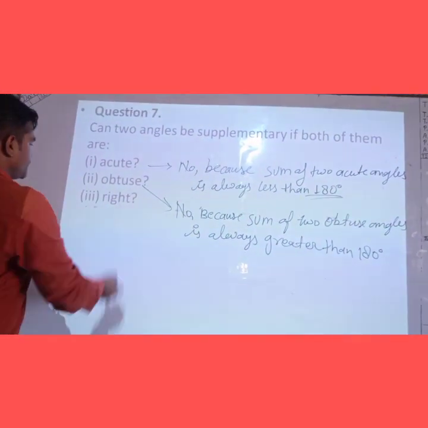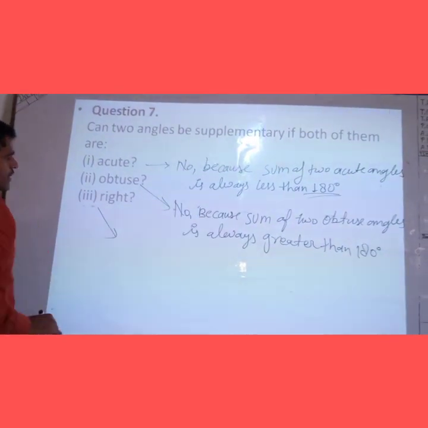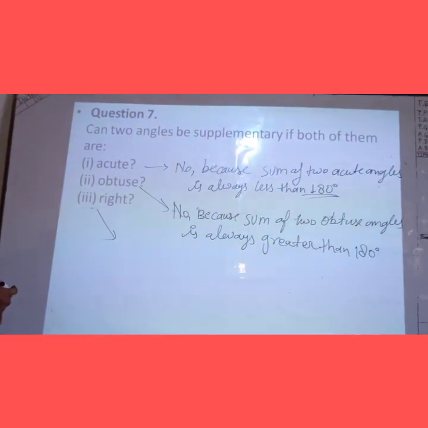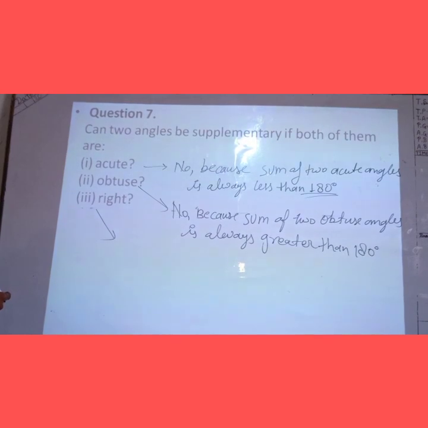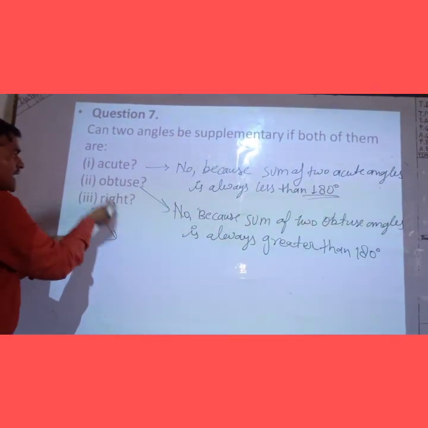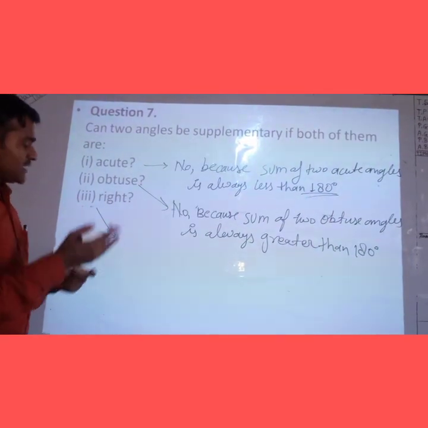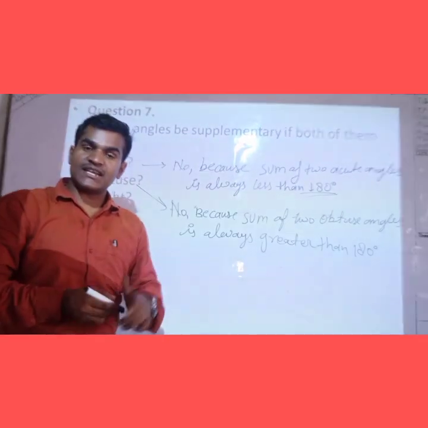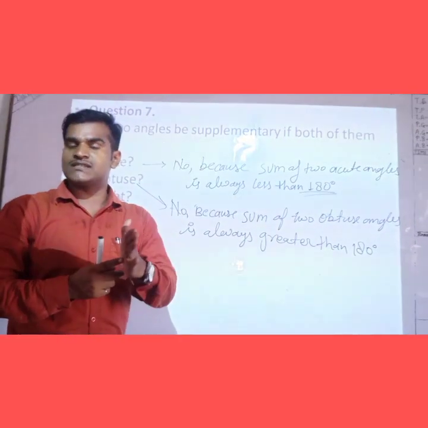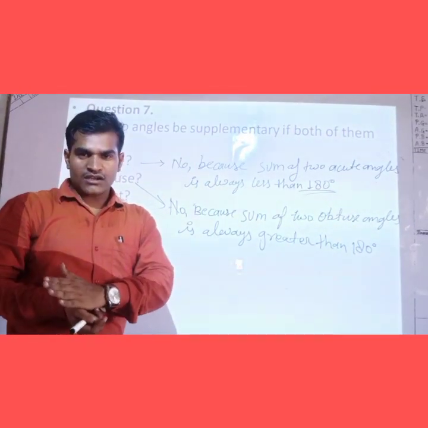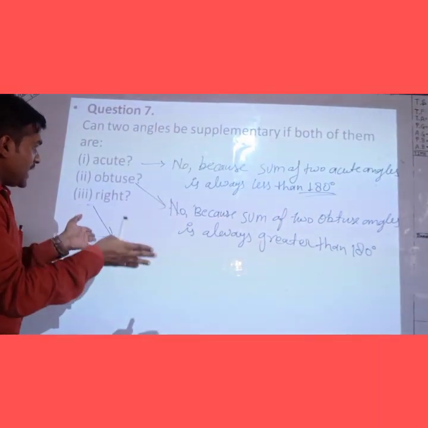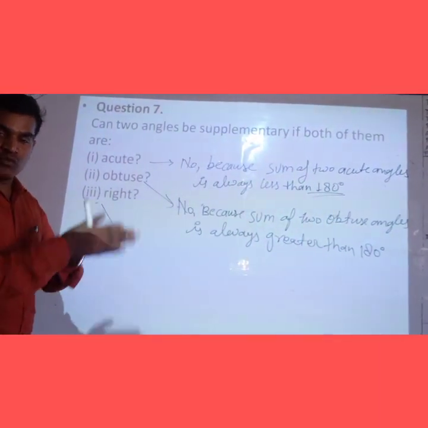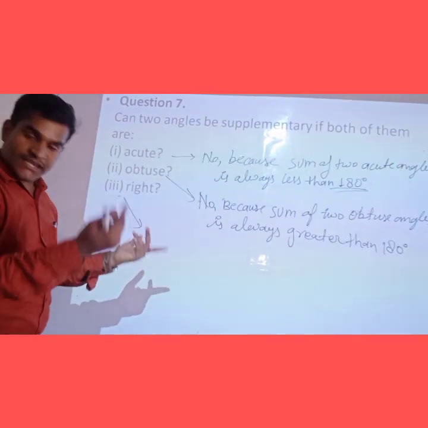Okay. Third one, right angle. Can two angles be supplementary if both of them are right angles? Yes, as we know that a right angle is the angle which measures exactly 90 degrees. So children, when we add two angles whose measure is 90 degrees, that is 180 degrees.